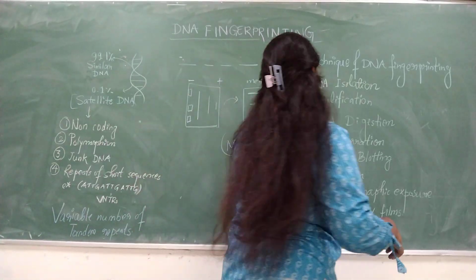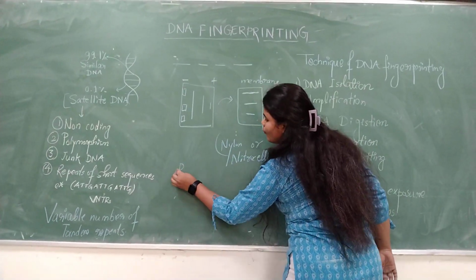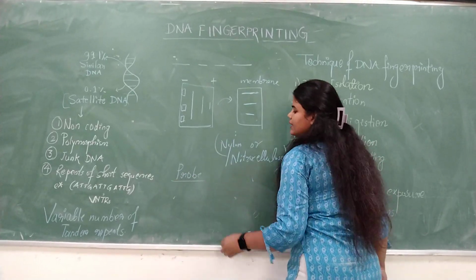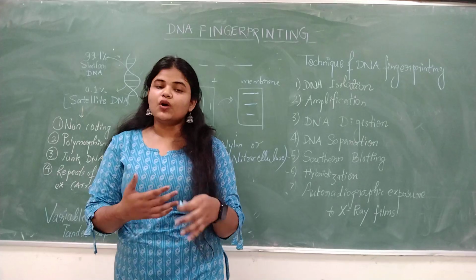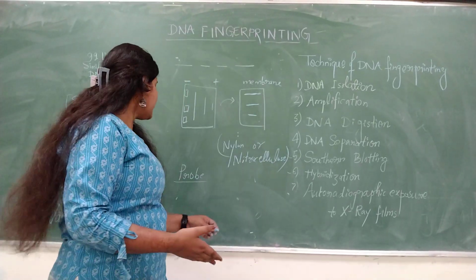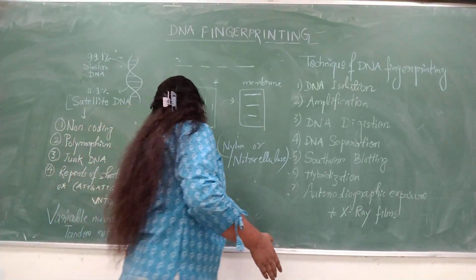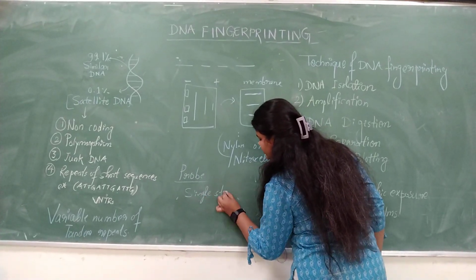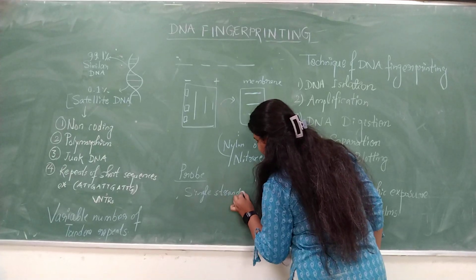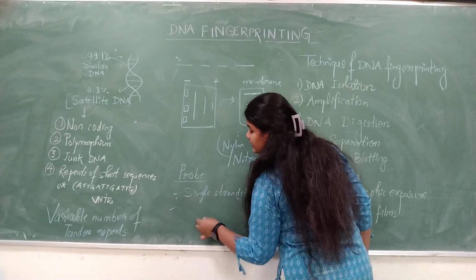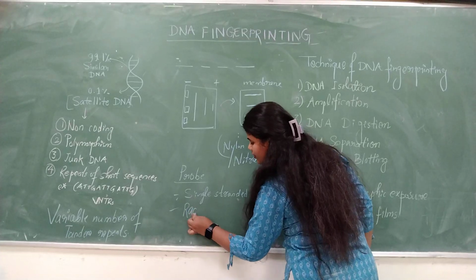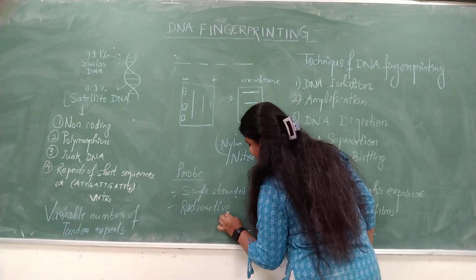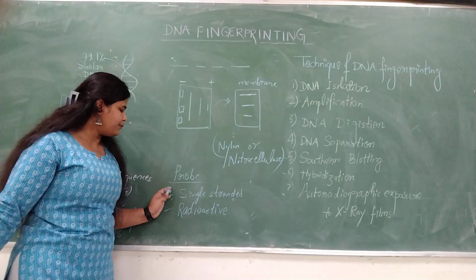To understand hybridization, first we have to know what a probe is. Probes are lab-synthesized small fragments of DNA that are single stranded. Second, these are radioactive. So what will we do with the probe?